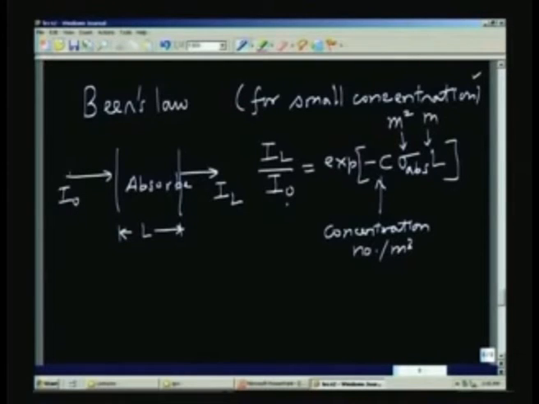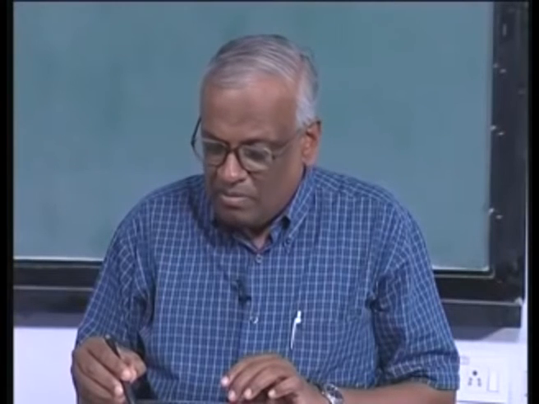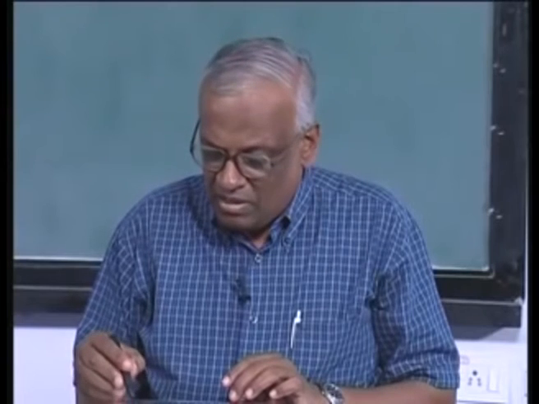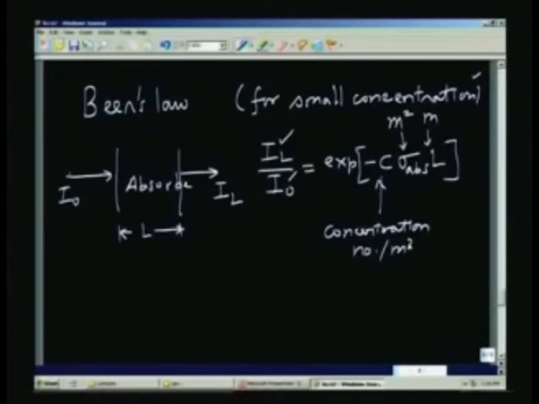Beer's law states that IL by I naught, the ratio of the emerging intensity to the incident intensity, is e to the power of minus C sigma absorption L. C is the concentration in numbers per meter cube of the species I am interested in, sigma absorption is the absorption cross section, and L is the length of the passage through the medium.